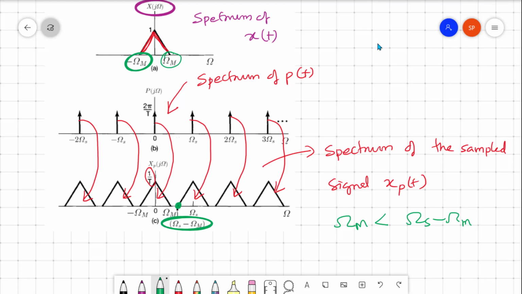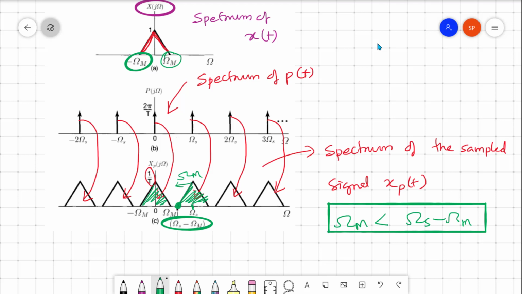Overlapping will occur between the replicas of the spectrums. This spectrum will overlap with this spectrum if the condition is not satisfied. What is the condition? Omega m should be less than omega s minus omega m. This is omega s, and to the left side it is omega m, so that is omega s minus omega m, and they should not touch each other, right? Otherwise we cannot separate these replicas of the spectrum.